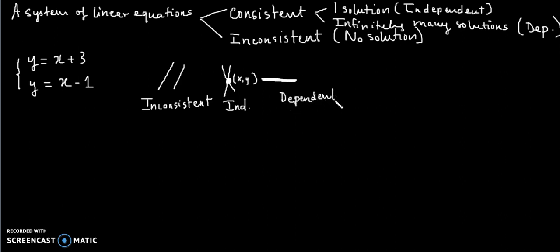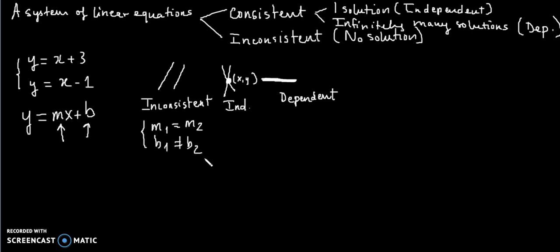Okay, all right. This is very helpful for us because we know that the y equals mx plus b form is very easy to work with, especially when we have the slope m and the y-intercept. Just recall again: for inconsistent, parallel, the two slopes are equal and b1 has to be different from b2.